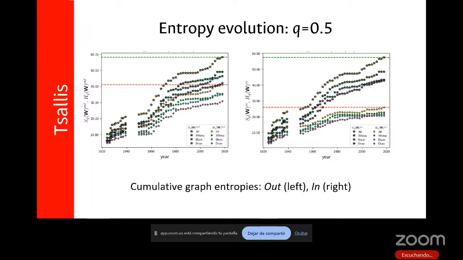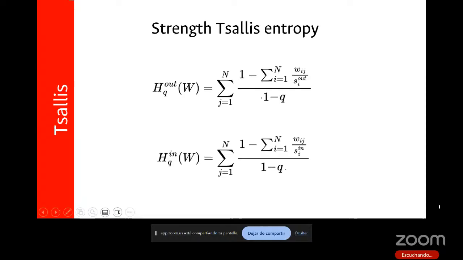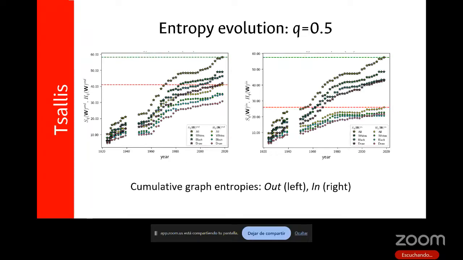If we make Q equal 0.5, maybe I will make one thing clear. Notice that we have 1 minus Q. When Q is 1, we can recover the Gibbs-Boltzmann entropy. You just have to make an expansion. And so we are going to explore when Q is smaller than 1.